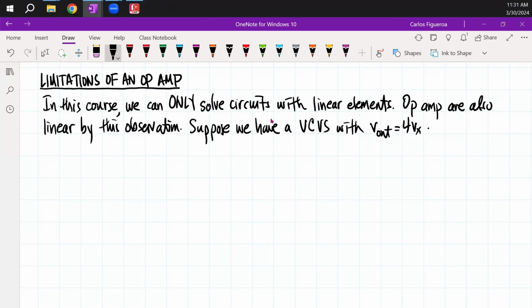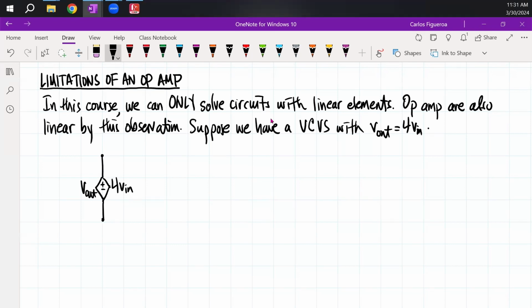In other words, I'm going to have an op-amp that looks something like this. Now, I call this Vx. I should have called that Vin. So if I look at this, I'm going to have some output, and I'm going to have 4 Vin.